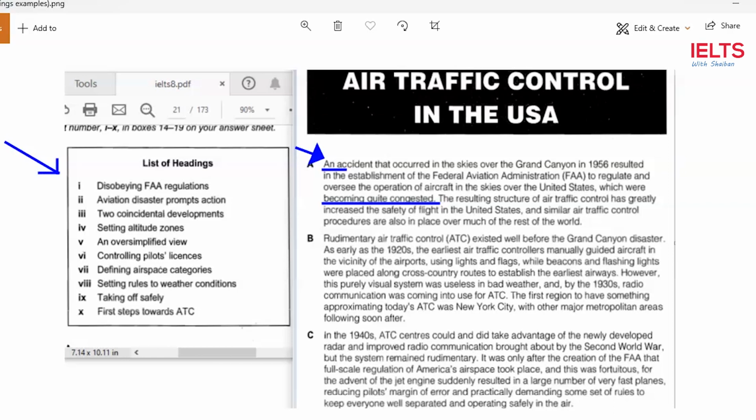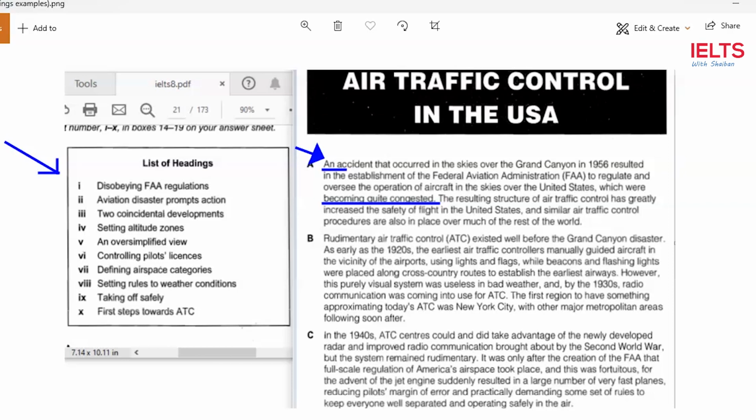For example, if after finishing reading the first sentence and the second sentence, and here I just finished just the first sentence, which is more than enough, I go and read actually the headings.